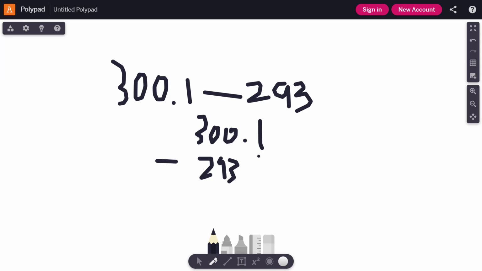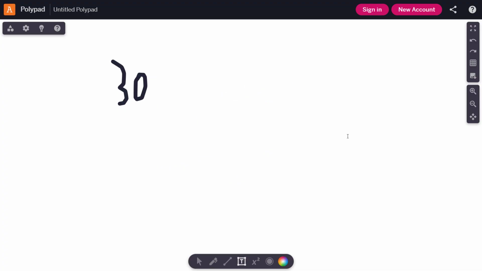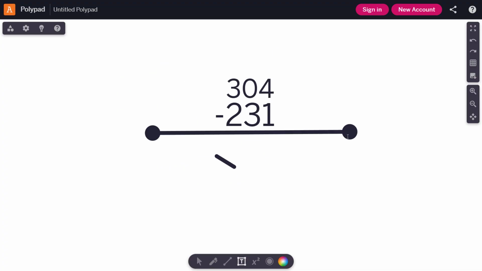Notice that we don't line up the last digit because now we line up the decimal. What we just did here makes sense because there's an invisible decimal at the end of a whole number. So it makes sense.